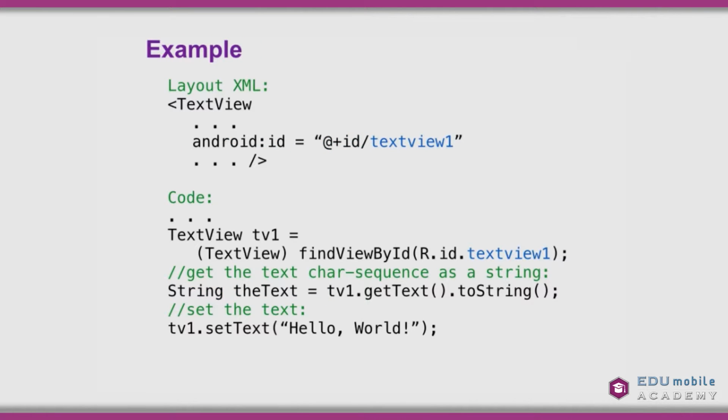So for example, in our layout XML, let's assume we have a text view, and it has a bunch of other attributes, but we're looking at the Android ID attribute in specific right here. And we have ID'd this, given it the name TextView1. Now, TextView1 will be written into R.java, and it will be given an actual numeric ID, a 32-bit integer ID.